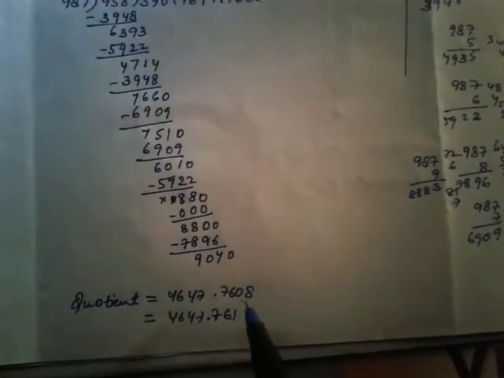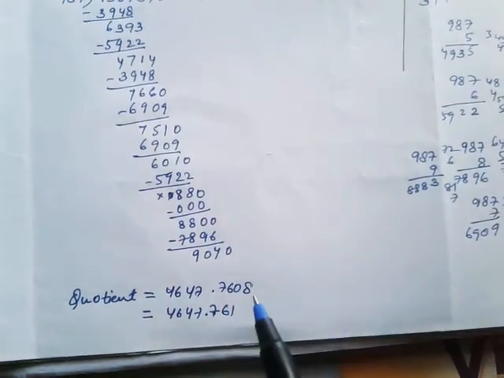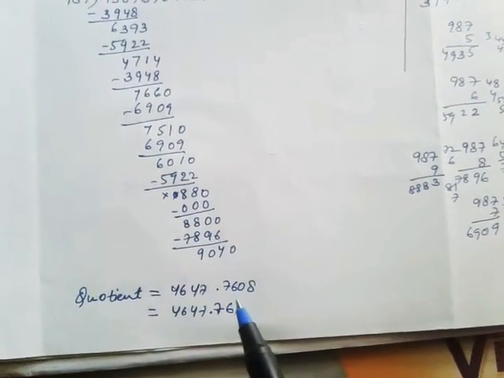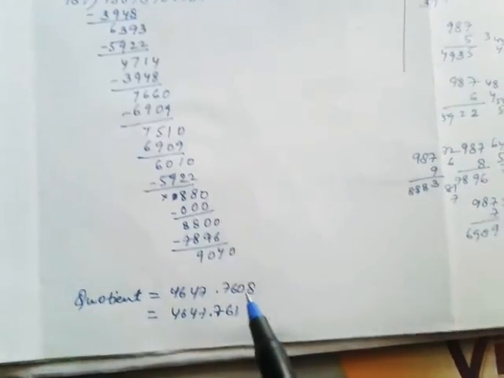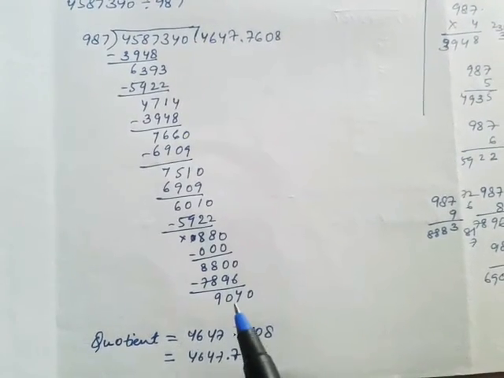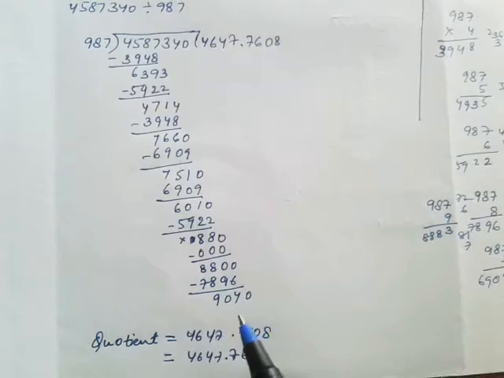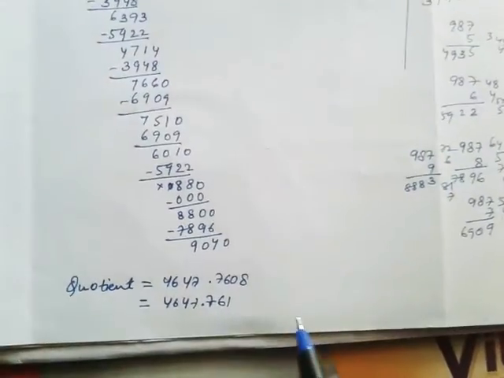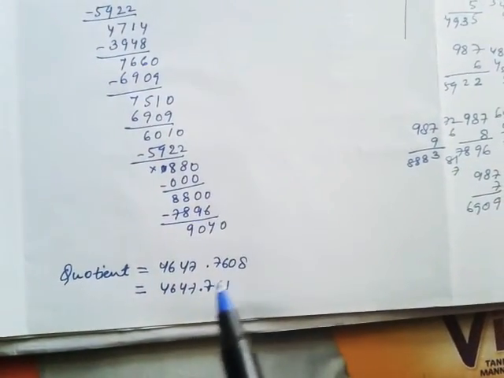You go to a maximum of four decimal places or 3. Okay, maximum 4 or minimum 3. Here also my answer is not ending, but I leave it because I reached the maximum limit. So here we have to round off.